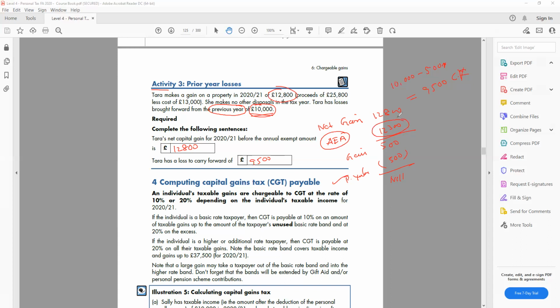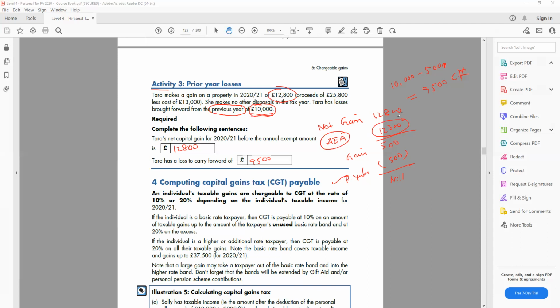My loss can be carried forward for the next year, but the annual exemption will be wasted if I don't use it.